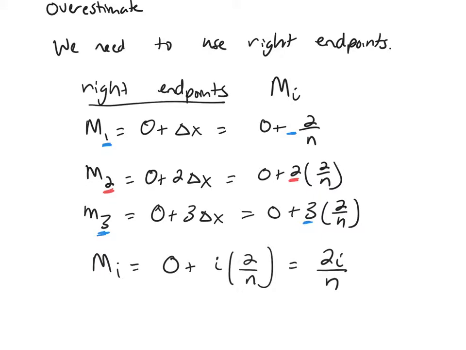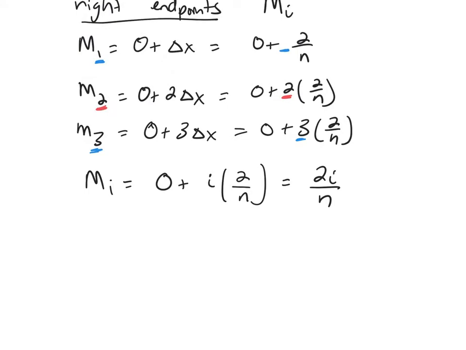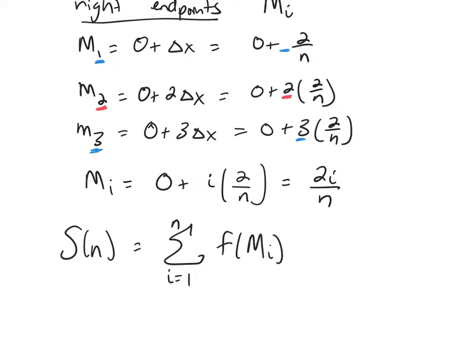So now that we have a formula for the right endpoints, we can find our formula for the upper sum, capital S_n. That's what I'll use for upper sum. I need to add up the area of those n rectangles. So now I'm using right endpoints, so it'll be f of M_i, and then the width.